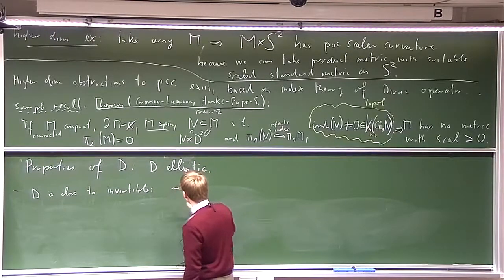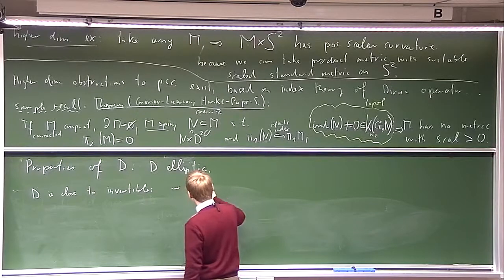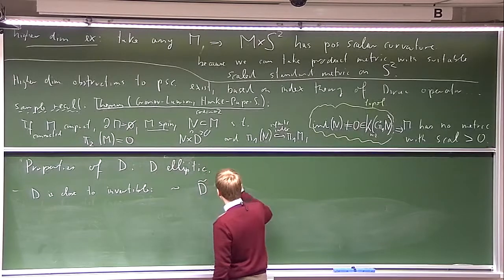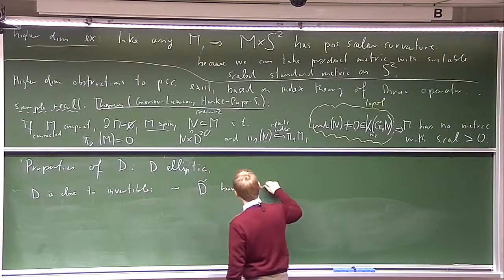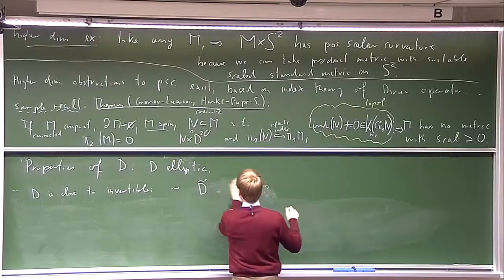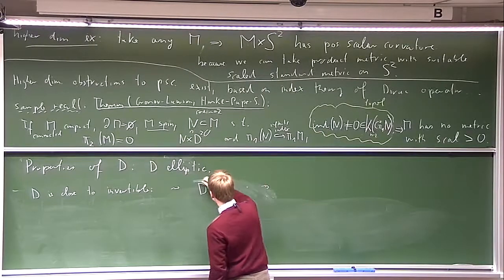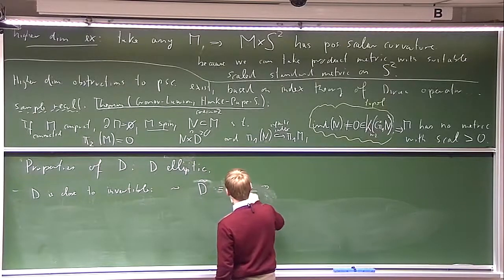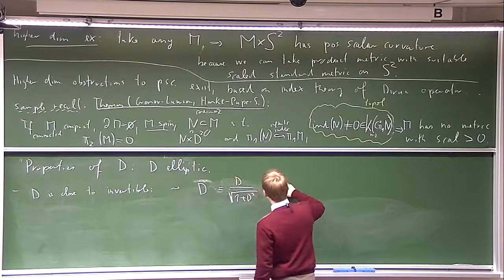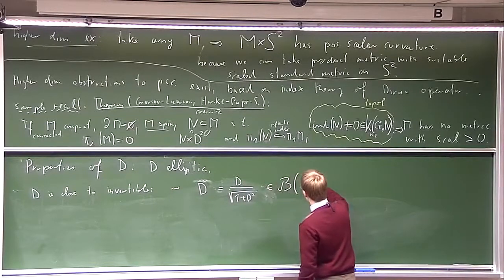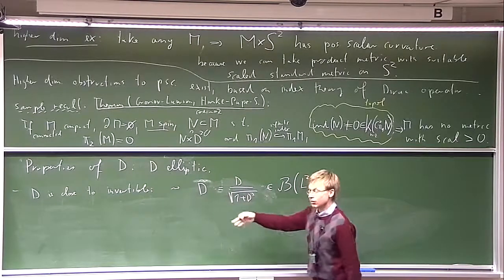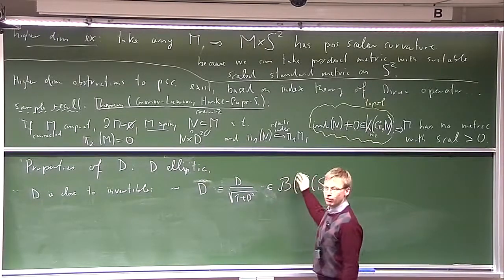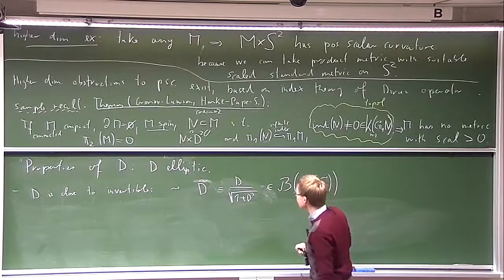after some maneuvering, D can be deformed to a bounded operator, D tilde. So I can write down what it is. It's D divided by the square root of 1 plus D squared. That's a bounded operator on L2 sections, the Hilbert space of L2 sections of the spinor bundle. So for elliptic operators, you always work with Hilbert spaces of this kind.